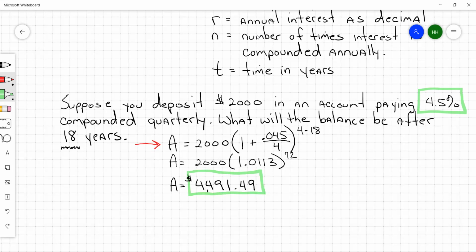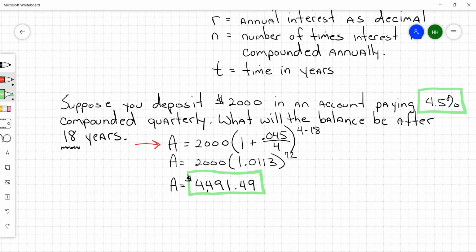And what you can do now that you know what the correct answer is, you can experiment without the parentheses. You may not need the parentheses. You might just be able to type 2000 times 1.0113 raised to the 72nd. Let's try it. Equals, yeah, you get a completely different number. So that means you need to use the parentheses.